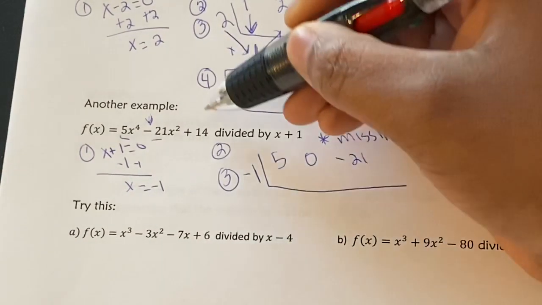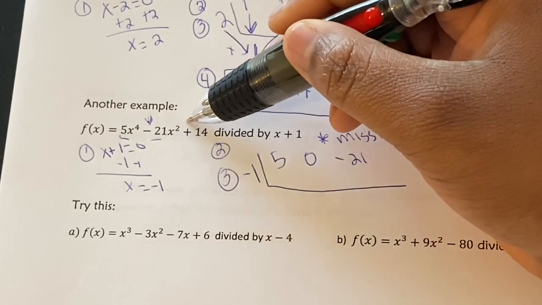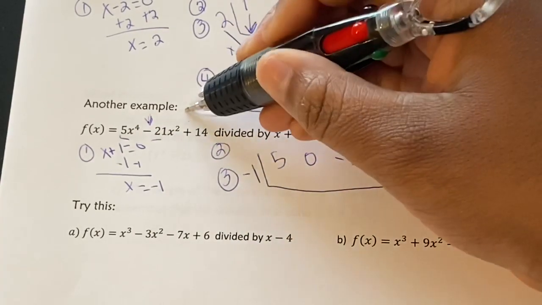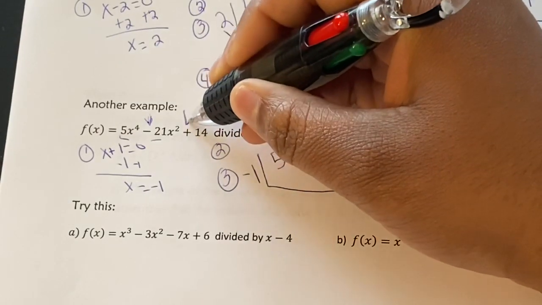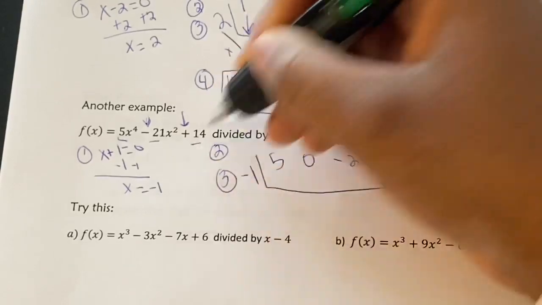I'm also missing my x term. So 4, 3, 2, and then 1. I'm missing that x term also, so I have to put a 0 there. And then I can put my 14.